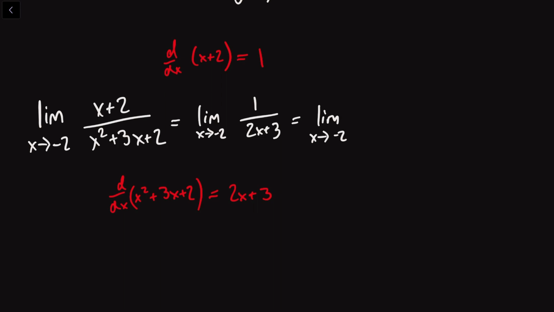When plugging in, we get 1 over 2 times negative 2 plus 3. 2 times negative 2 is negative 4, and plus 3 is negative 1. So 1 over negative 1 is just negative 1. So that's using L'Hopital's rule. Let's go over another example.